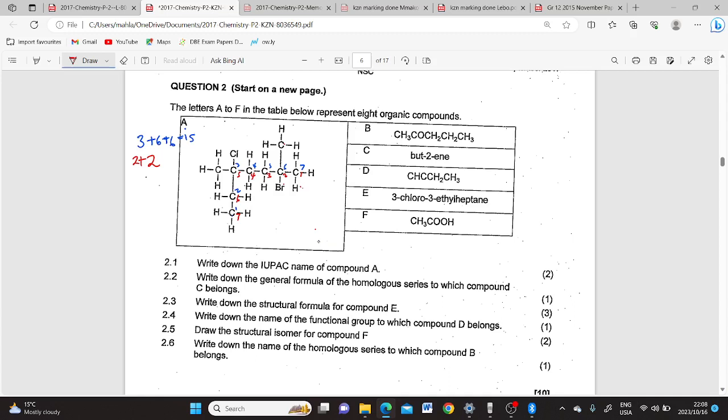At 5 we have 2 branches, which is Cl and the methyl group. So we have plus 5 plus 5, and then now we're done. So this is 10, this gives us 14. So this will give us 14.